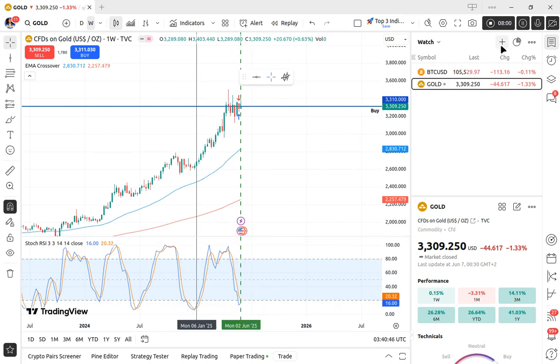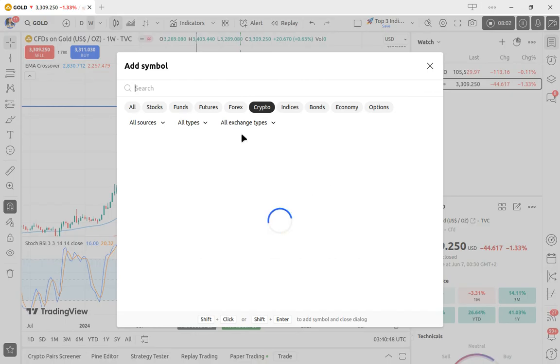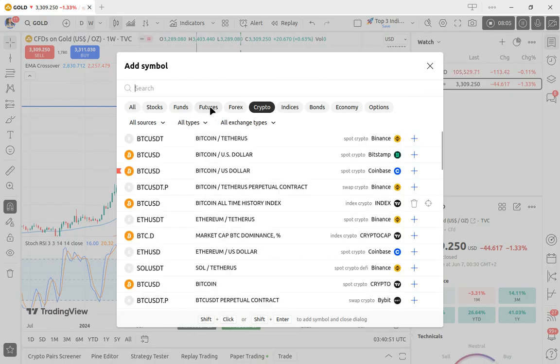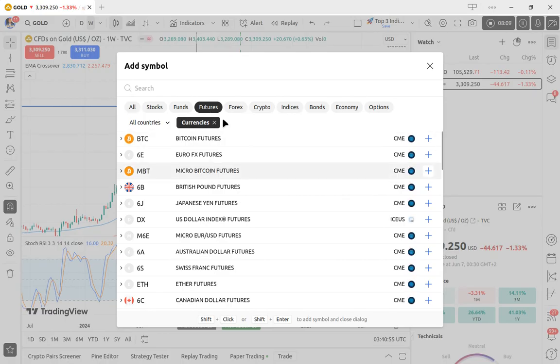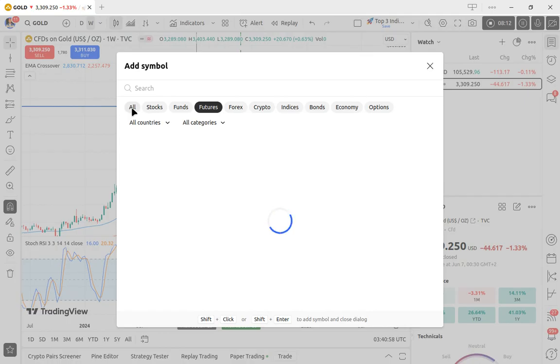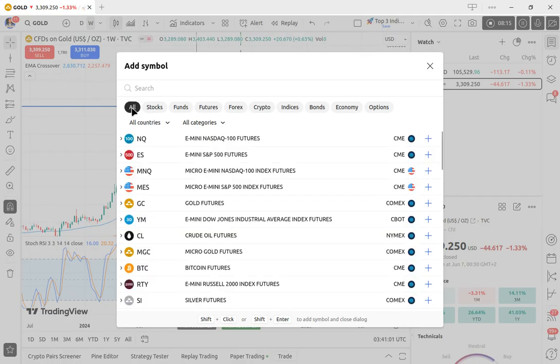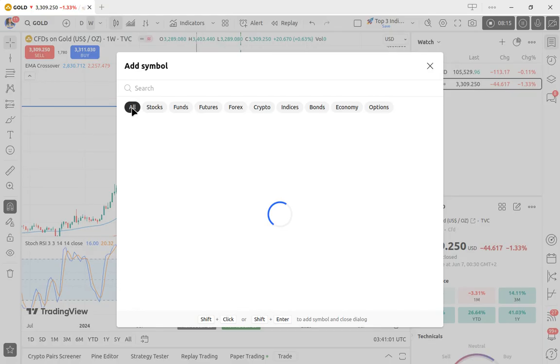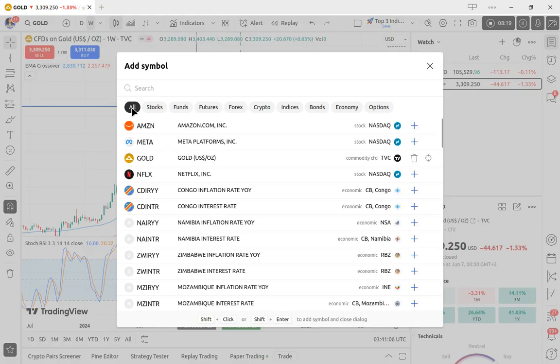So basically, this is just how you buy gold, or how I buy gold and silver. Let me see if I can check for silver.